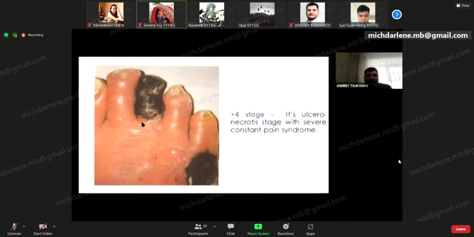And it's a picture of stages. It's the 4th stage, also necrotic stage with severe constant pain syndrome on the right foot.